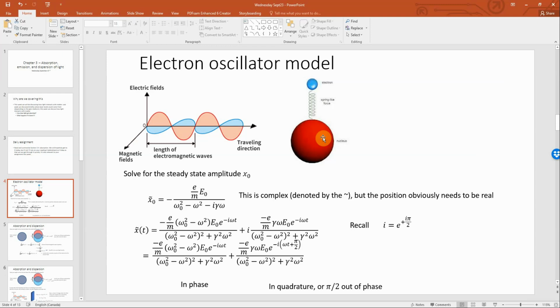So what we found was that the steady state value that we got was complex. The amplitude of this electron oscillation ends up being proportional to the electric field. So how strongly we're driving this process tells us the amplitude of this motion. It's also proportional to the electric charge, but that electric charge basically tells us how strongly this electron can couple to the field, so that also makes sense. And it's inversely proportional to the mass.